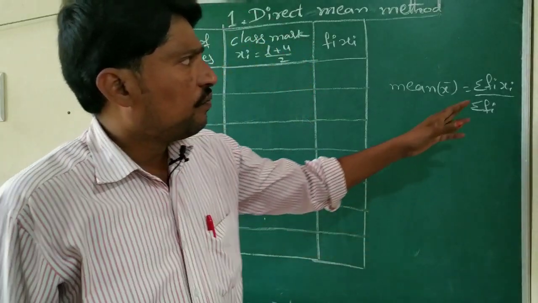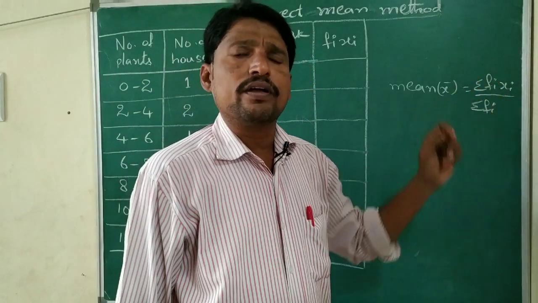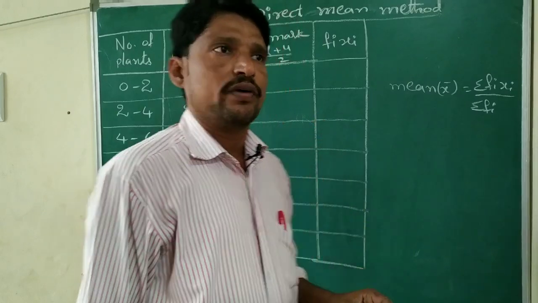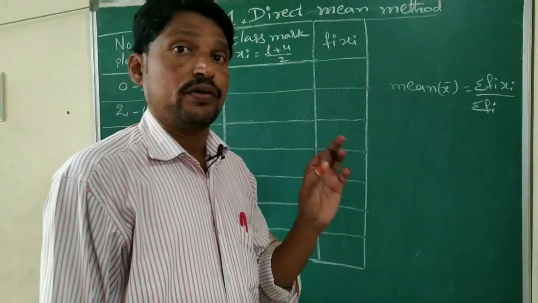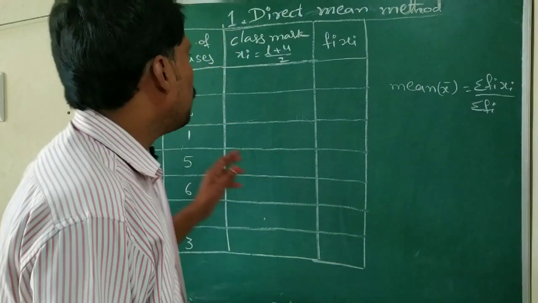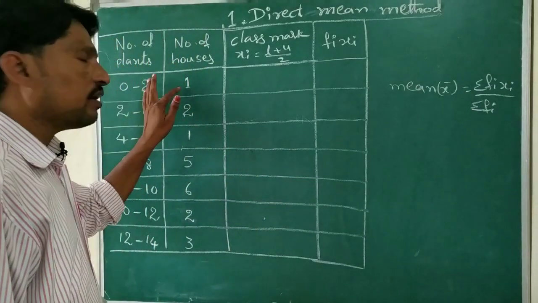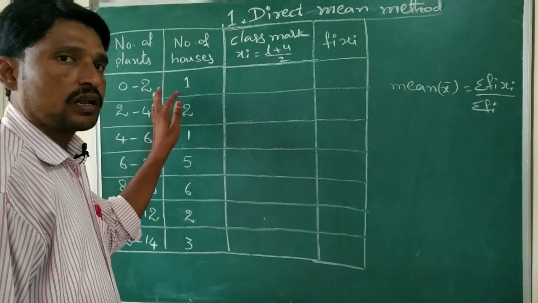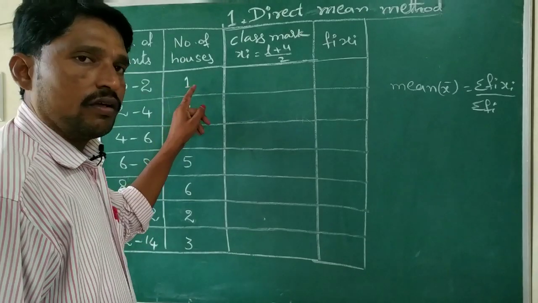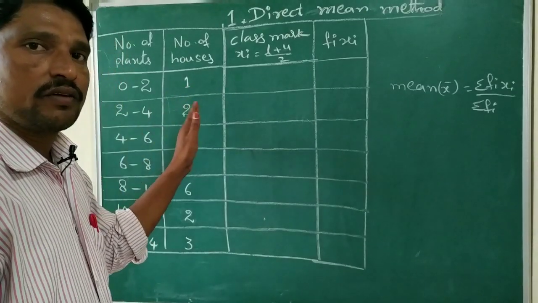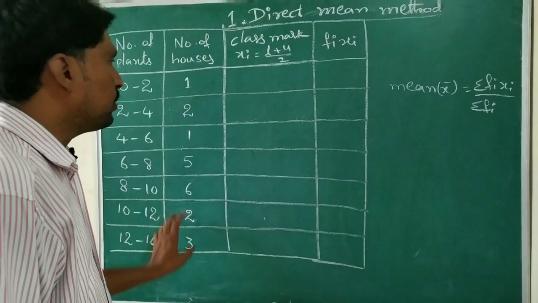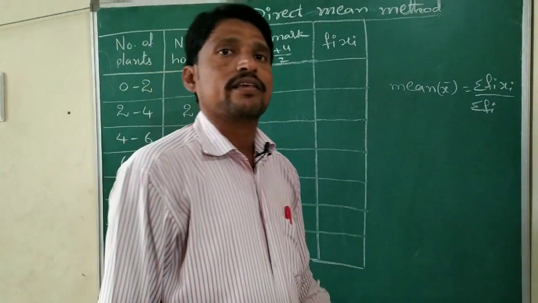In sigma fi xi, what is fi? Fi means frequency of the ith class. The ith class means the first class interval has the first frequency, the second class interval the second frequency, like this we need to take. And what is xi?